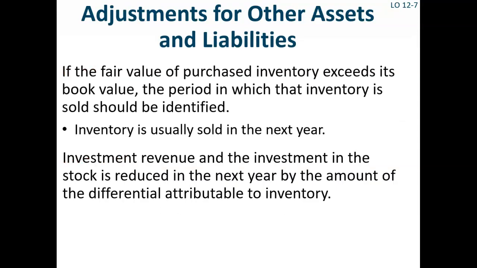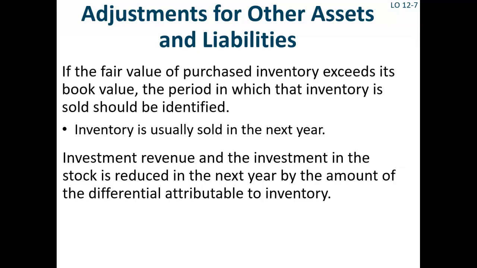In our example, there was no difference between the book value and fair value of the remaining net assets, so we didn't need an adjustment for those. However, that often will not be the case. For example, Argent's inventory could have had a fair value that exceeded its book value at the time United purchased its Argent investment.